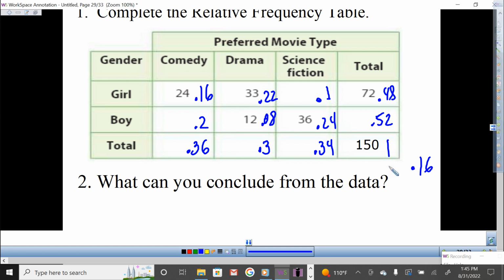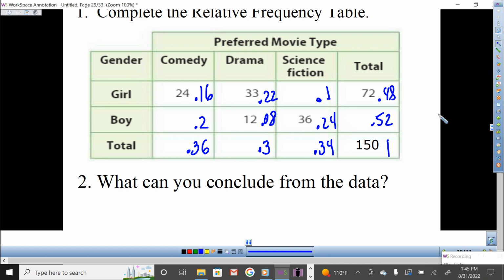All right. Conclusion, tell your neighbor what you conclude from the data, please. What can you conclude from the data? Mel, what can you conclude?